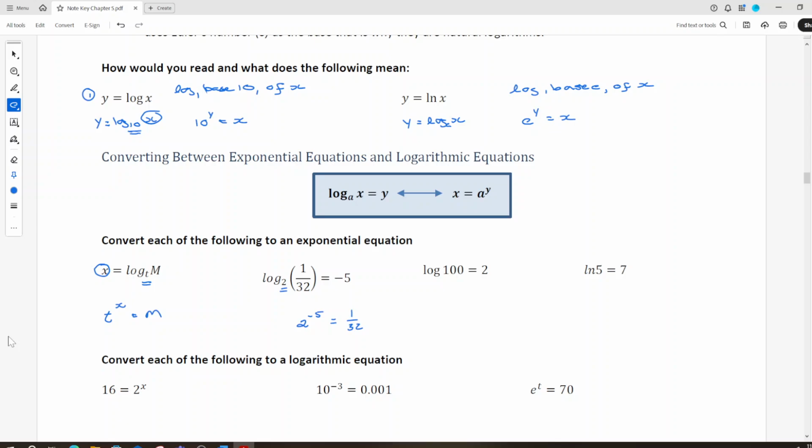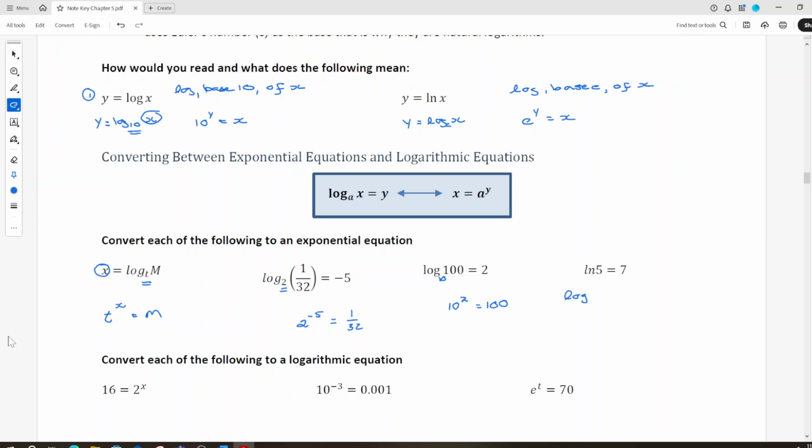What about this one? Okay, so for this one, you have to remember that there's a base 10 that is not written because mathematicians are lazy. So this is saying that 10 to the exponent 2 is 100. 2 is the exponent that you're raising 10 to get 100. And then the last one here that we're going to practice, this is that natural logarithm.